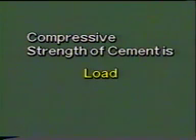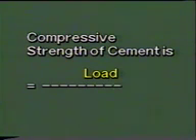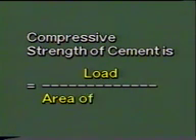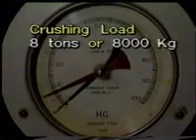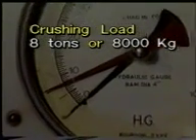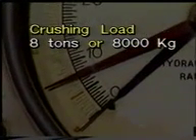The compressive strength of cement is given as load divided by the area of the cube. The crushing load in this case is 8 tons or 8,000 kg.